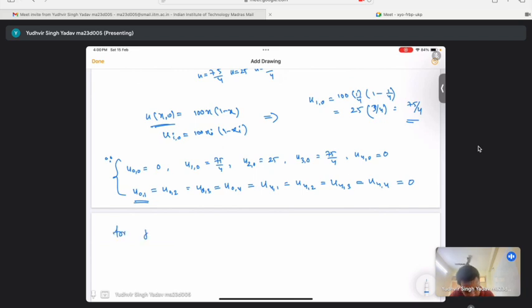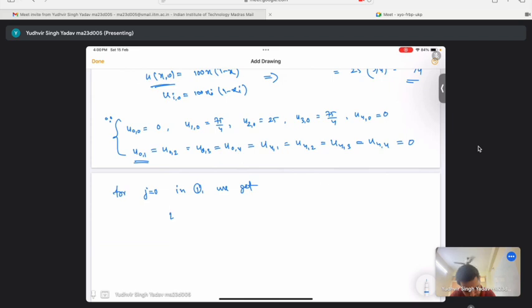Now, putting j equals 0 in equation 1, we get u(i, 1) = u(i-1, 0) + u(i+1, 0) - u(i, -1), which is u(i, 1) = u(i-1, 0) + u(i+1, 0).